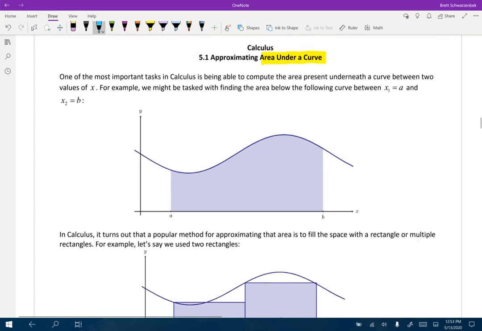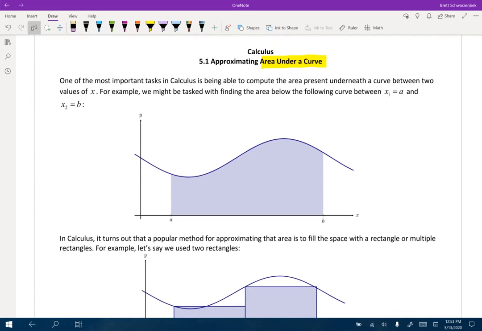If you look at this first curve here, I guess we can call it just f of x, you'll see that from A to B, we can shade the region to the x-axis underneath that curve. And of course, all of this area can be accumulated in some way or counted in terms of what we need.